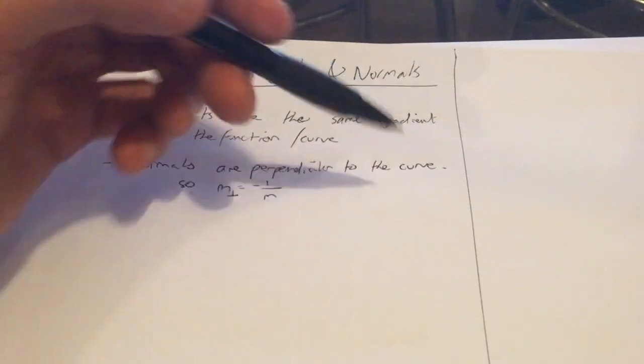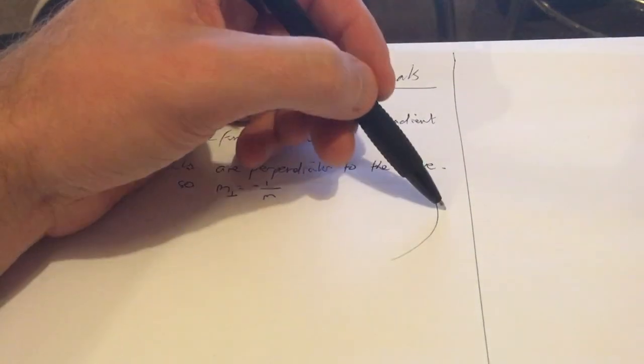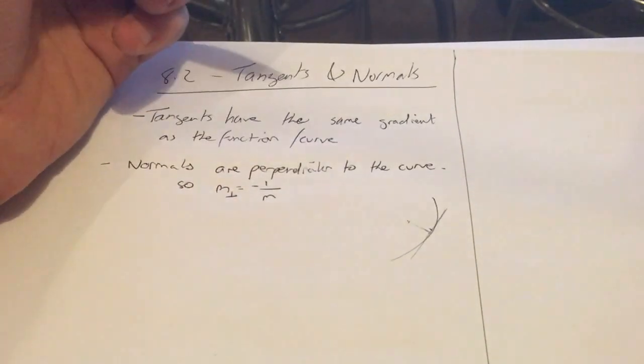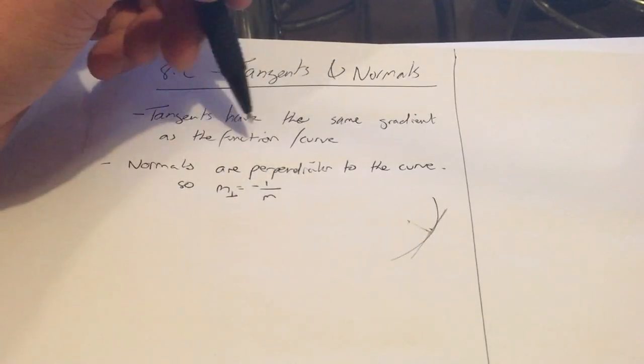We did that when we had circles. If you had a circle, the tangent would have the same gradient as the curve, so it would be perpendicular to the radius, which was like the normal. But yes, a tangent will always have the same gradient as the curve.